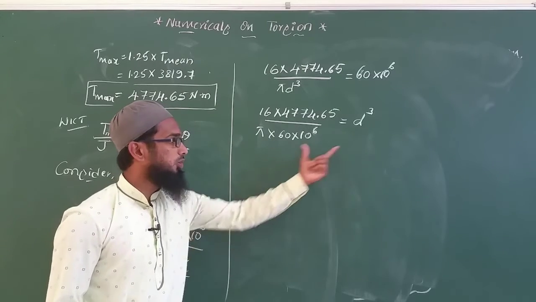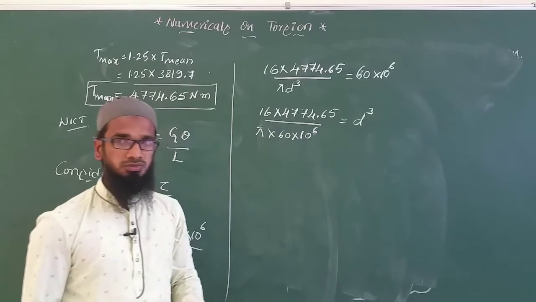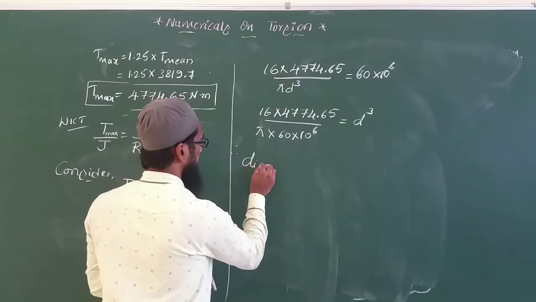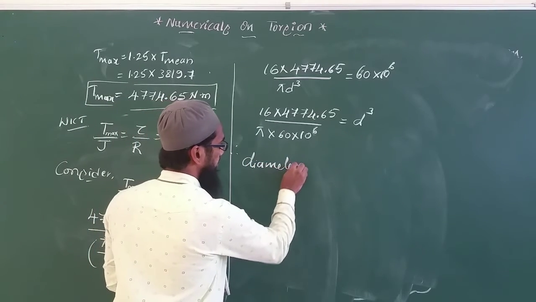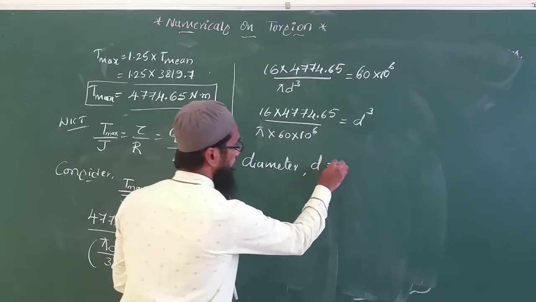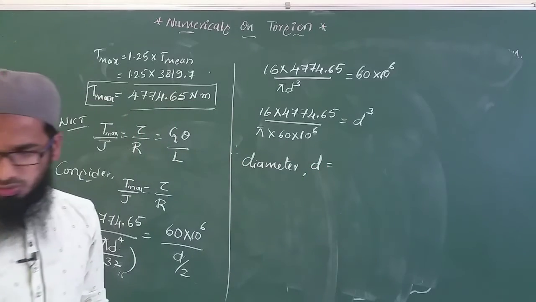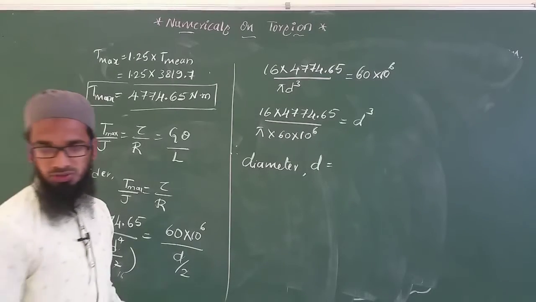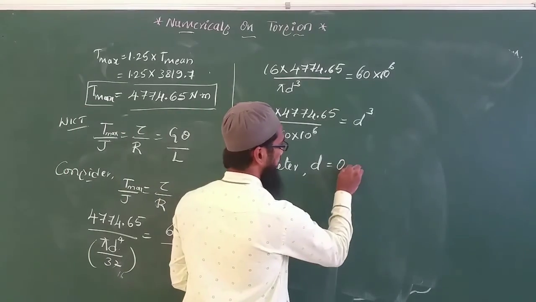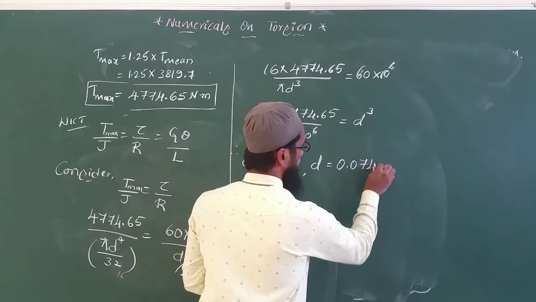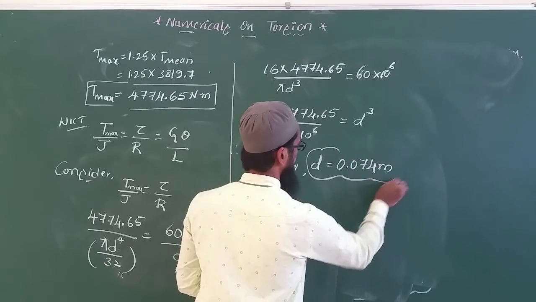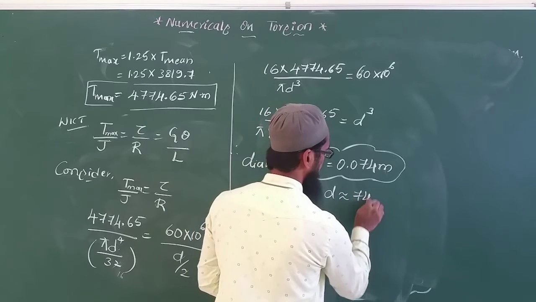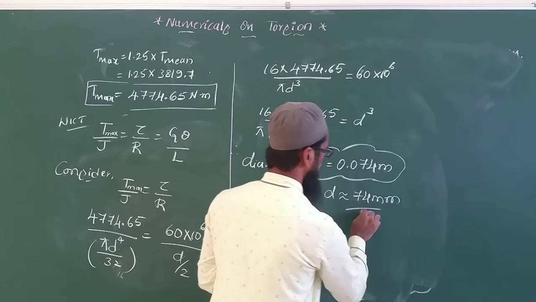After that we take the cube root of that so that we get the diameter value. Therefore, the diameter d is around 0.074 meter. I can write this as 74 mm also.